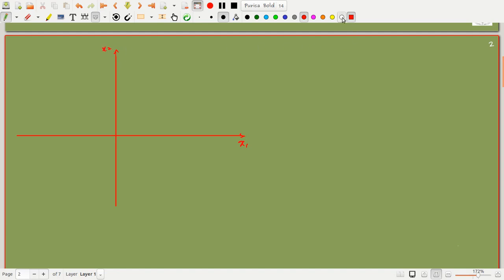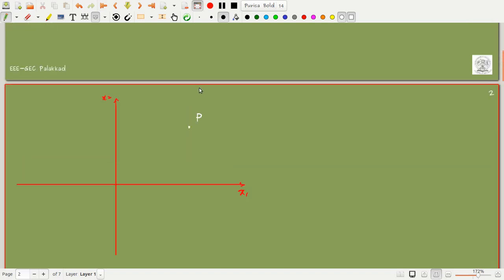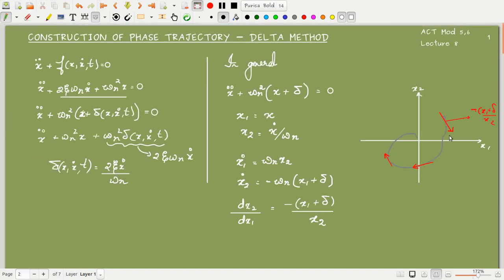Let us consider some point P on the x1, x2 plane, where the point P is somewhere on this trajectory.